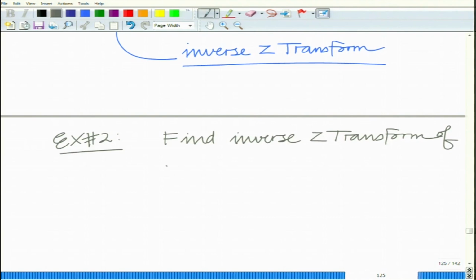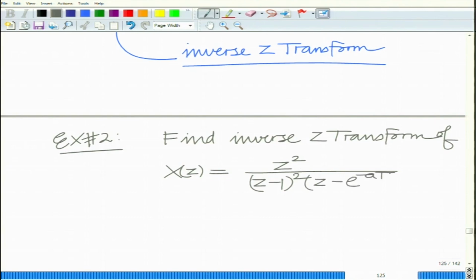Find the inverse Z transform of X(z) equals z square over z minus 1 square into z minus e raised to minus a t.